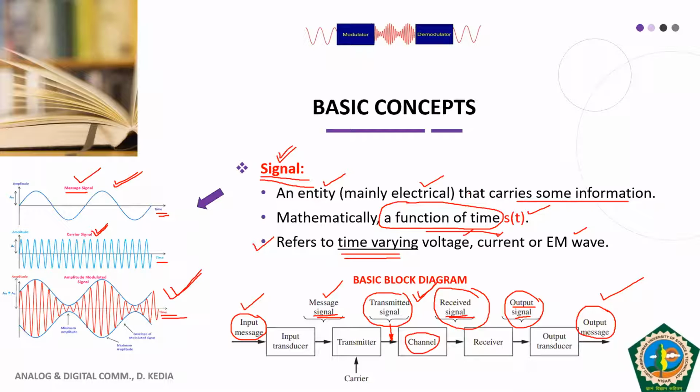All these three signals, the message signal, the carrier signal, and the transmitted signal, we can represent mathematically also. These are all functions of time. I hope all of you have been able to understand this. Till now we were concentrating on the basic block diagram. Now we want to go into some more detail, so we will talk about a further detailed block diagram.